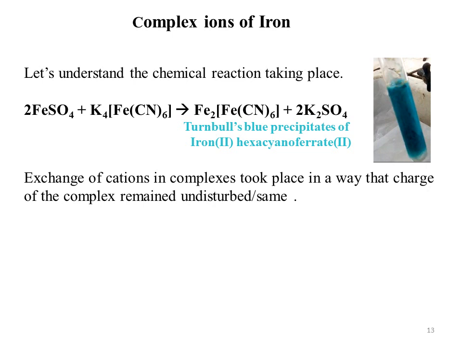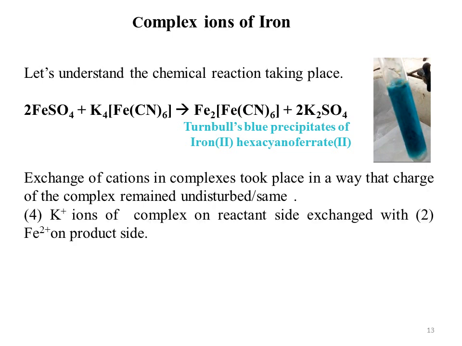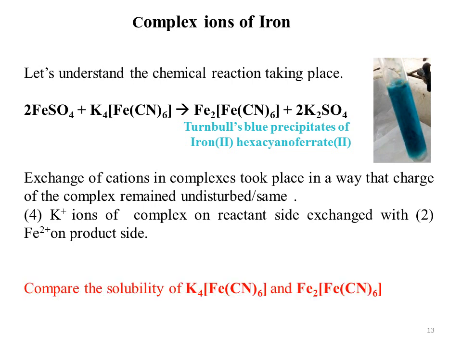This exchange of cation is in a way that the charge of the complex remains undisturbed, like 4 potassium ions exchange with 2 ferrous ions. Each potassium is carrying 1 plus charge, and 2 ferrous ions are balancing that plus 4 charge, because each ferrous carries plus 2 charge. So in this way this reaction is completed.